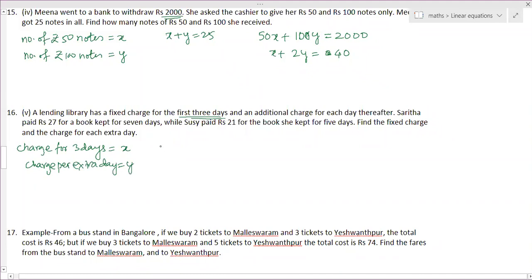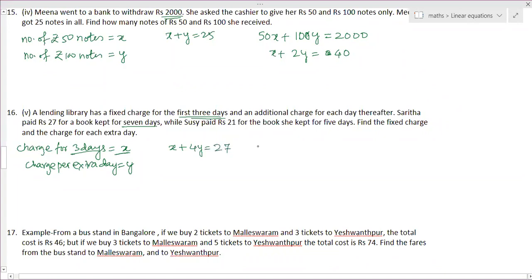So she paid rupees 27 for a book kept for 7 days. For the first 3 days we have used X rupees. So x plus 4y is equal to 27.